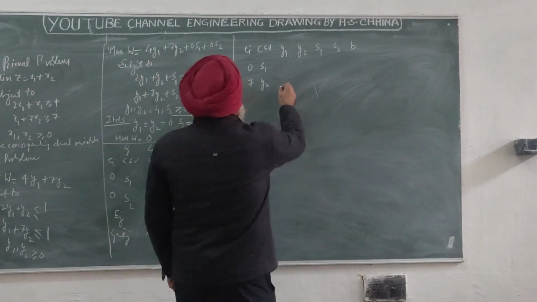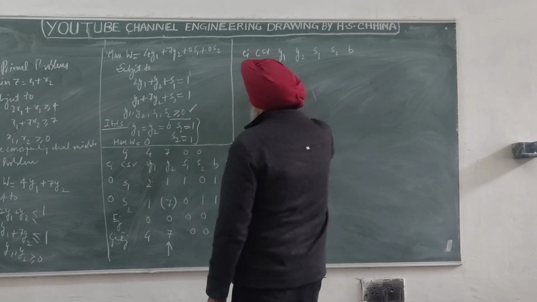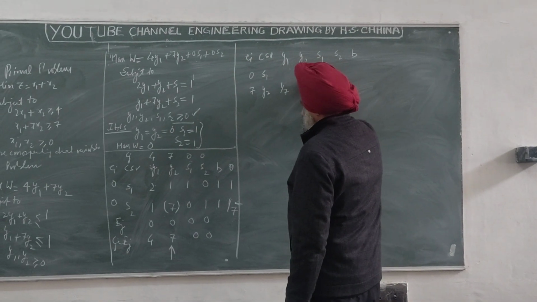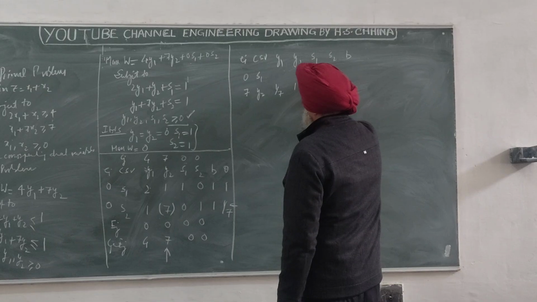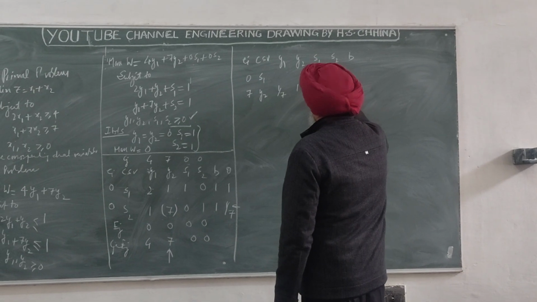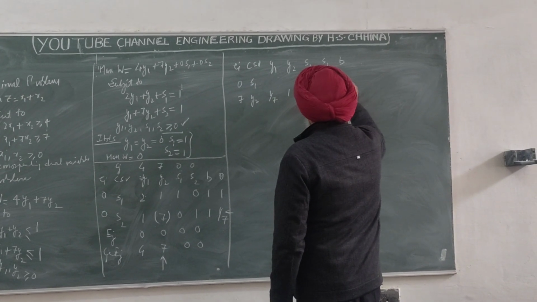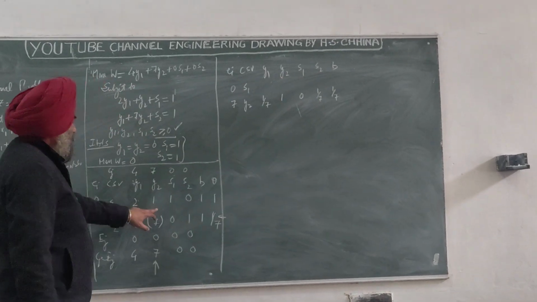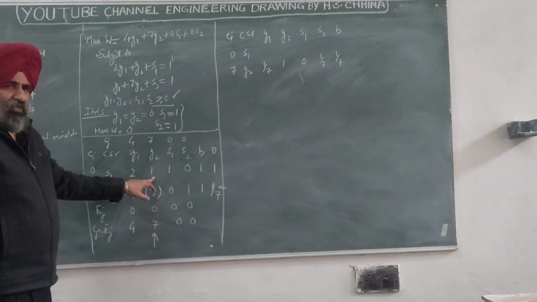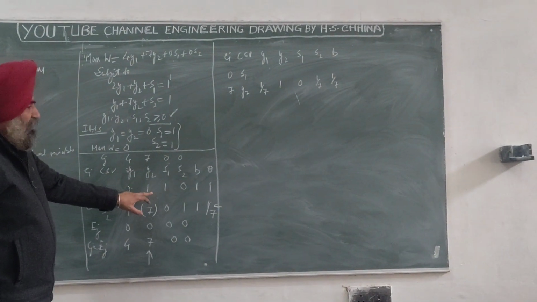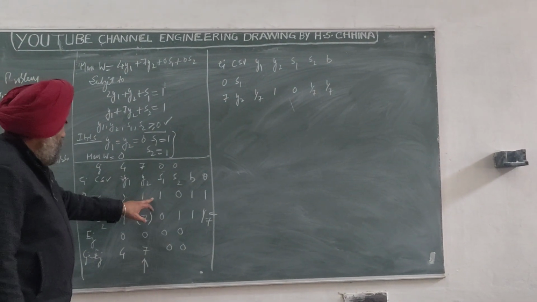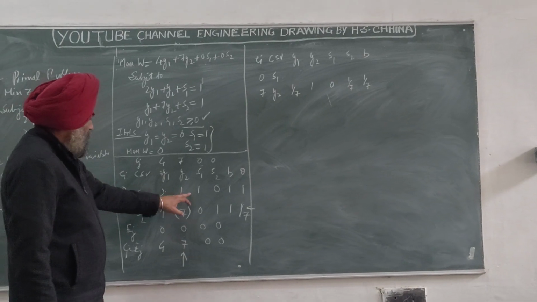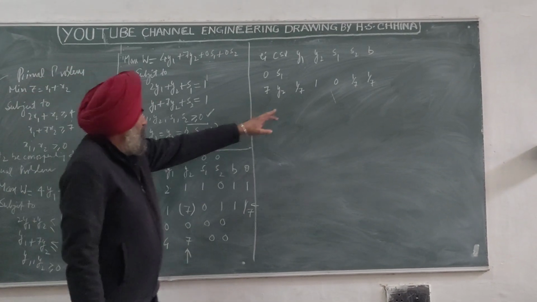So make it 1. So divide the whole equation by 7. This is 1 by 7. This is 1. This is 0. This is 1 by 7. This is also 1 by 7. So here it is 1. The rest of the elements in that column will remain 0. So here there is only one element in S1. So here it is 1, here it is 1.